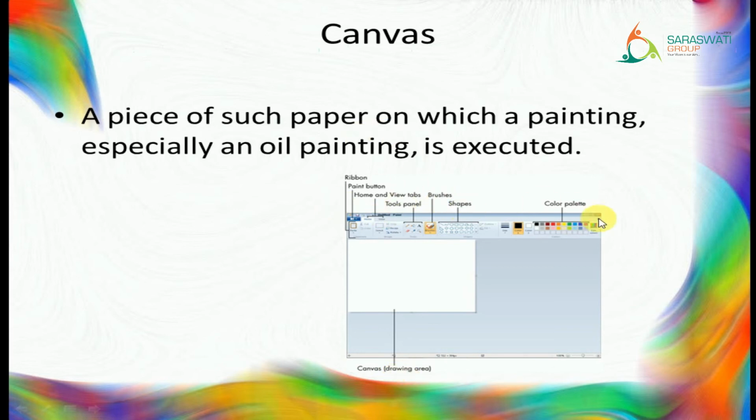These all are the different category of the paint program, where you can see shapes, brushes, tool panels, home and view tabs, ribbon, color palette, and this drawing area which is known as a canvas. So simply you just need to remember that canvas is nothing but it is a empty area where you can draw. So it is also known as drawing area.